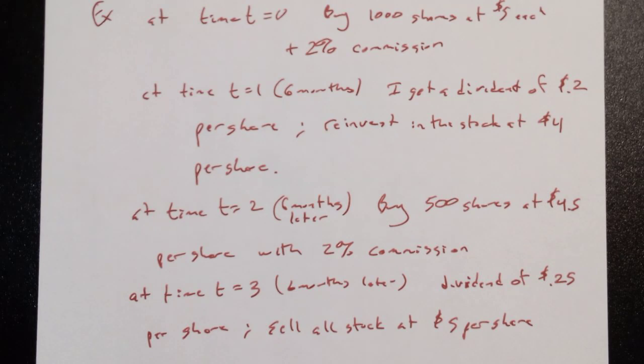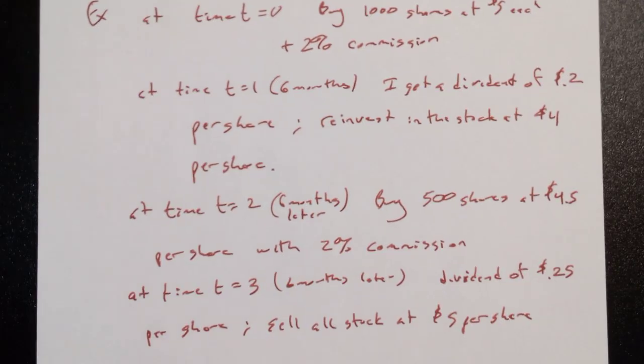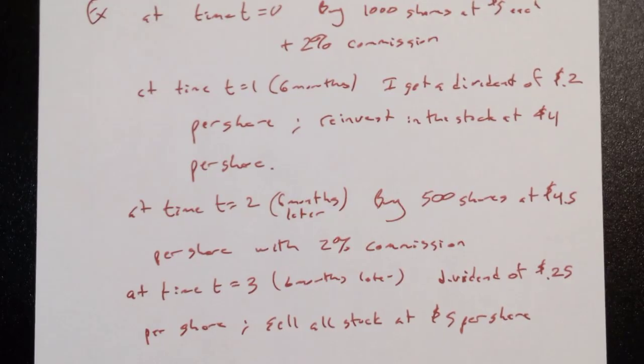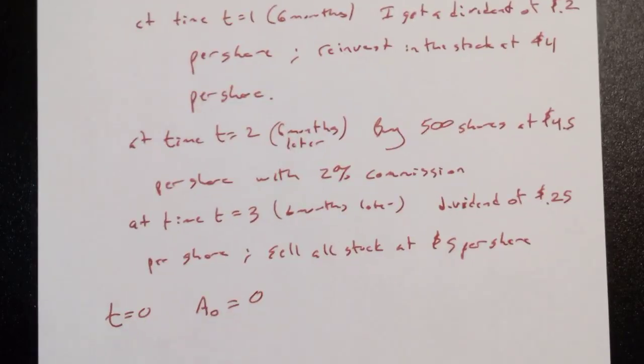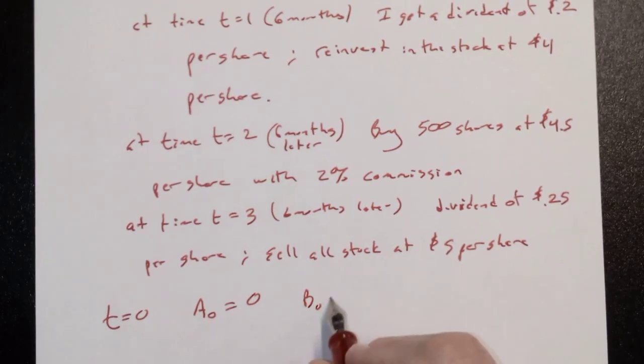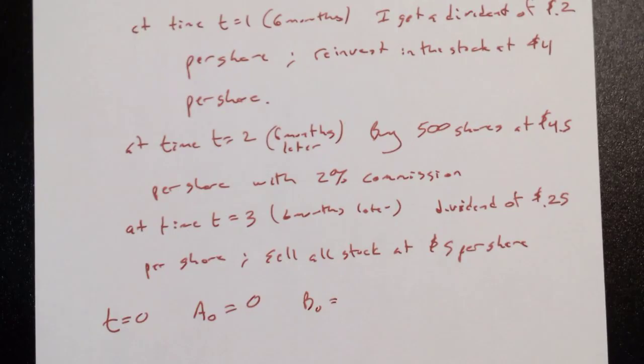So at time 0, how much money came in? How much money went out? 5,000 plus 2% commission.